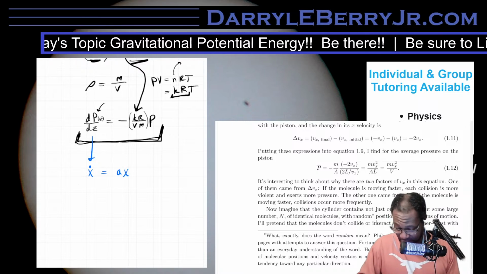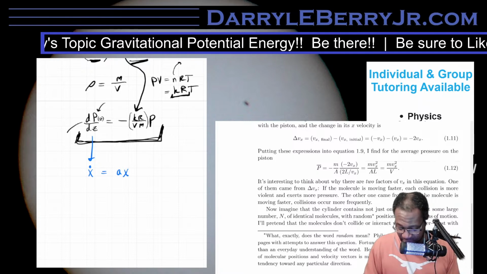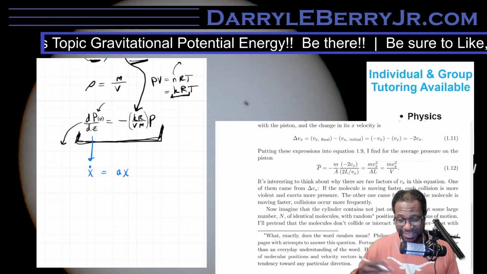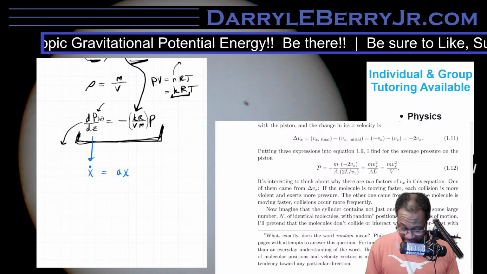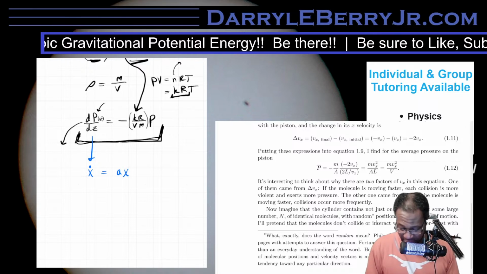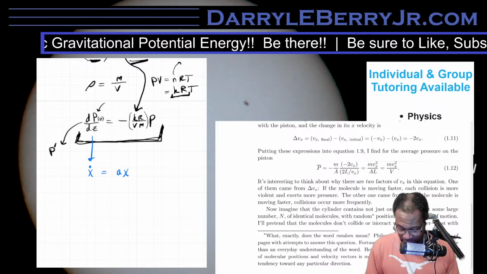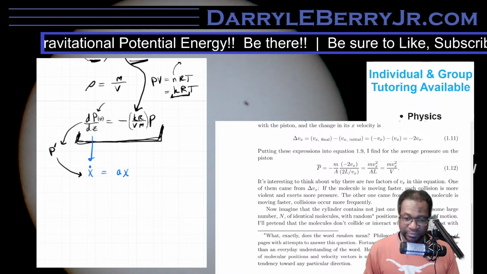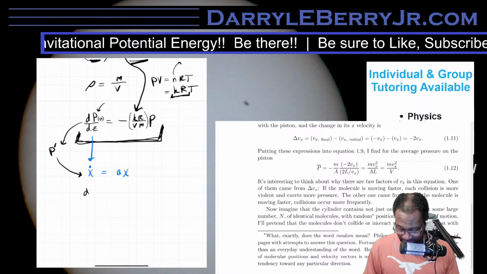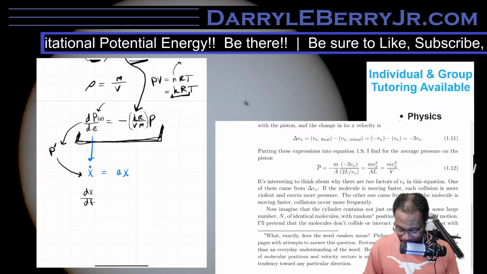So if you look at this dp dz, this is basically the space derivative of pressure. So this is basically, you can say p, and this is basically the time derivative of position, or you can say dx over dt.